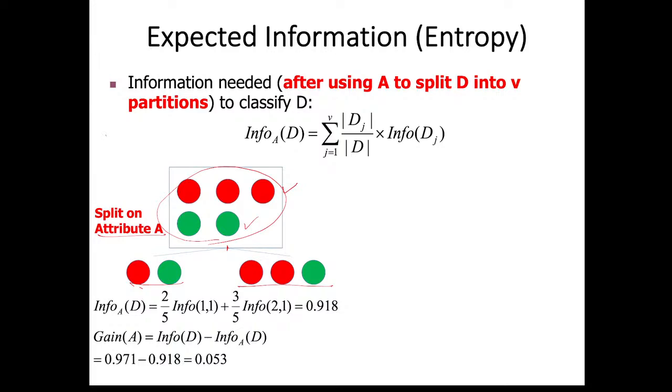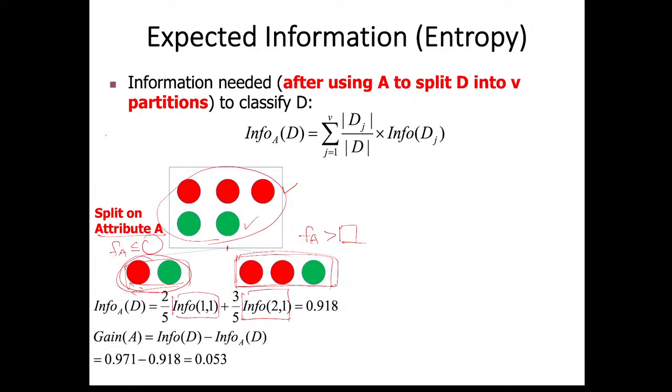If feature A is larger than a certain value, then it belongs to this group. If feature A is smaller or equal to a certain value, you belong to this group. What's the amount of information in this part? That would be info(1,1). And here we have 2 reds and 1 green, so that's info(2,1).